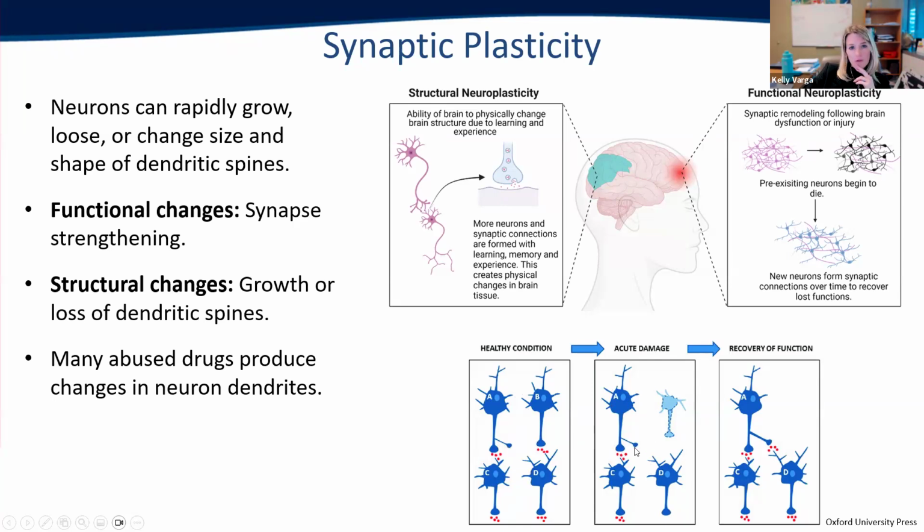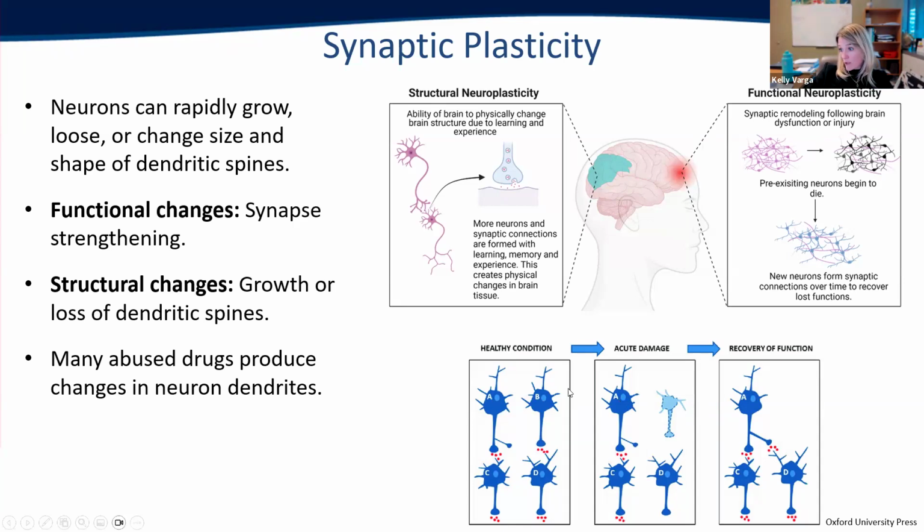Something modifies and takes out neurons, so now I only have 3 of these neurons in communication in this overall model. But the brain is very clever. It's going to say, okay, I've lost that, but that was an important part of my communication, part of my plasticity, as part of my learning and memory.